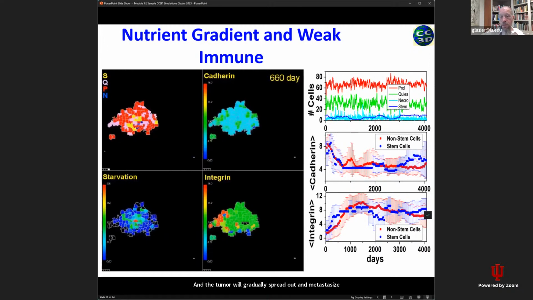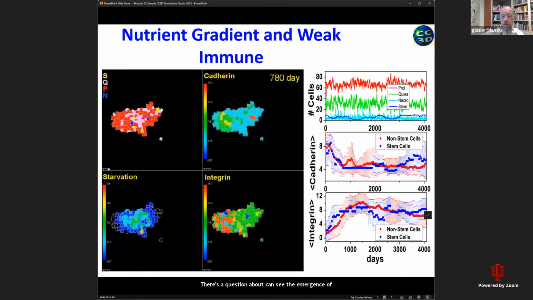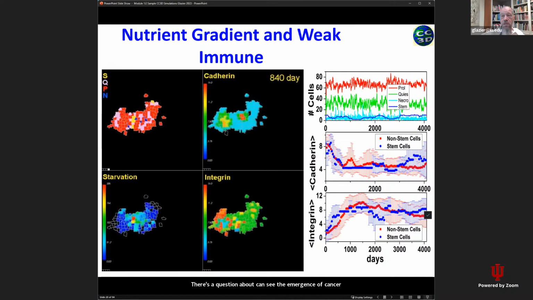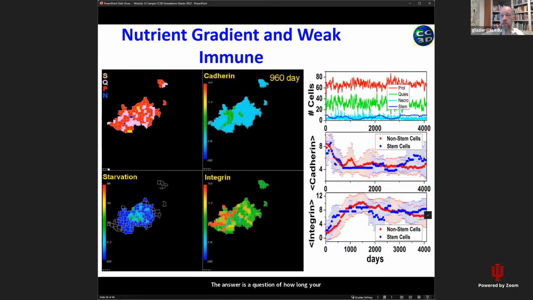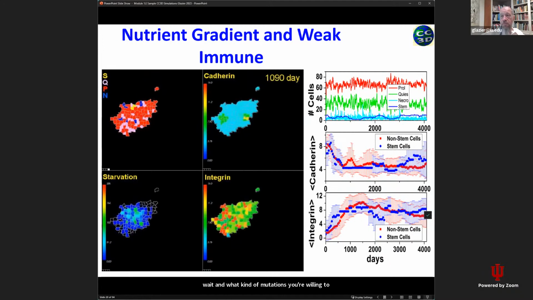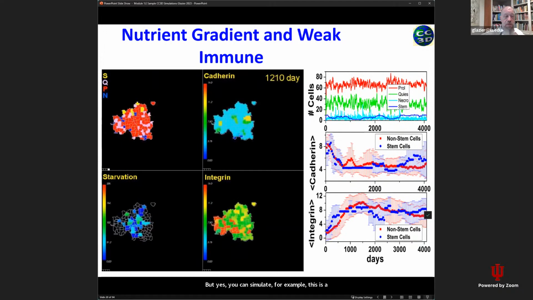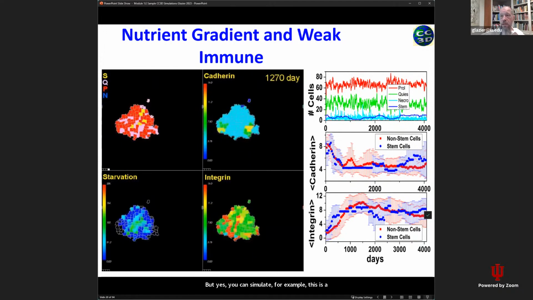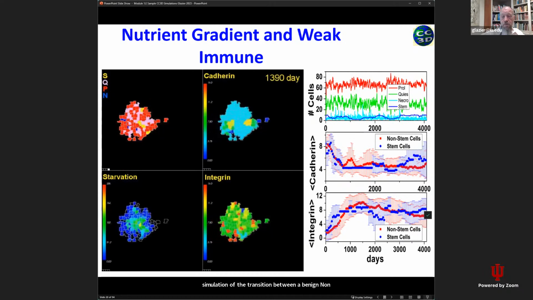There's a question about, can CC3D simulate the emergence of cancer cells, or do they have to be hard-coded? The answer is a question of how long you're willing to wait and what kind of mutations you're willing to undertake. But yes, you can simulate, for example, this is a simulation of the transition between a benign non-cancerous tumor and a cancerous tumor.